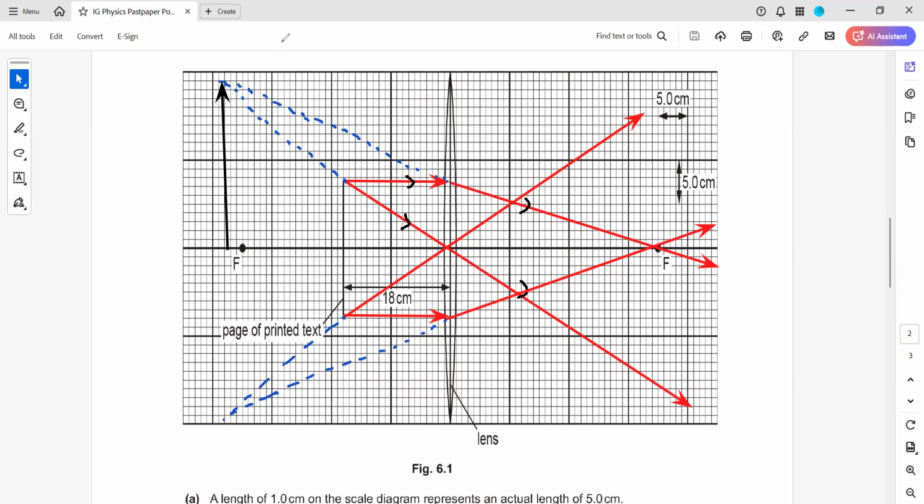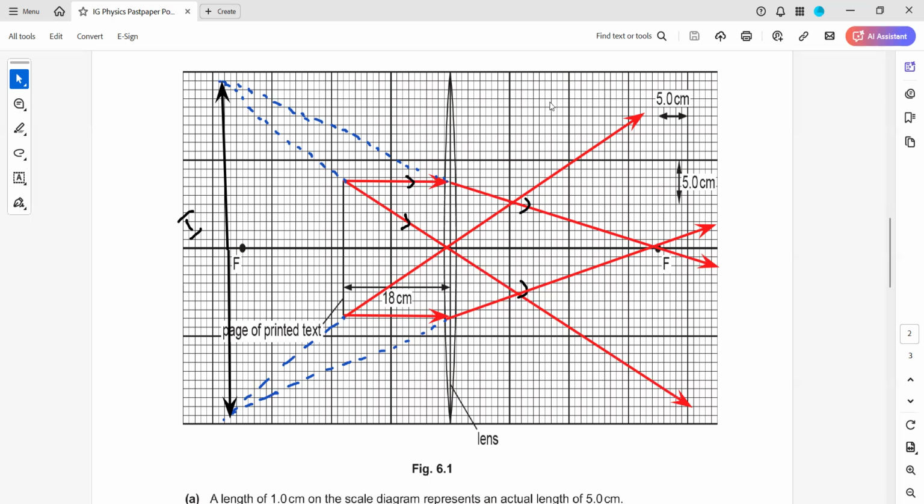When we produce it backward, this will be the remaining part of the image. Why did we do it twice? Because part of the object was above the principal axis and part was below. That is how the image will appear.